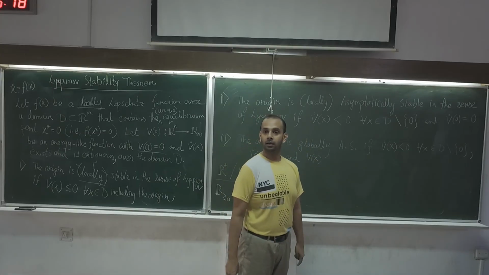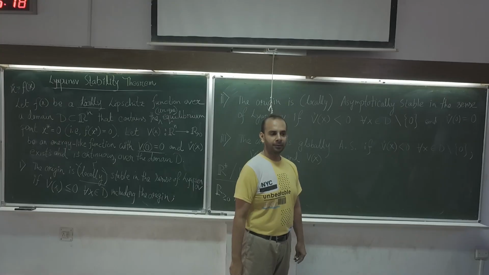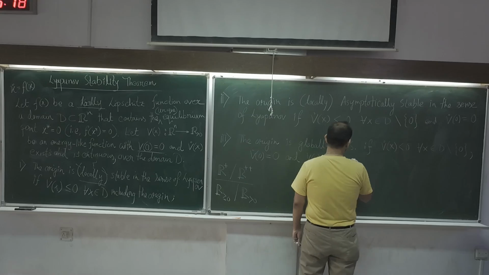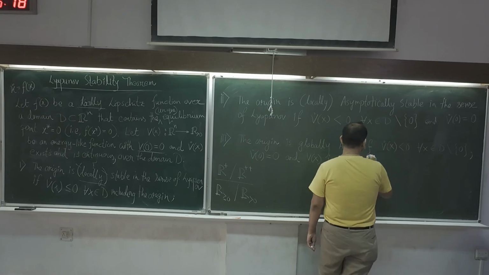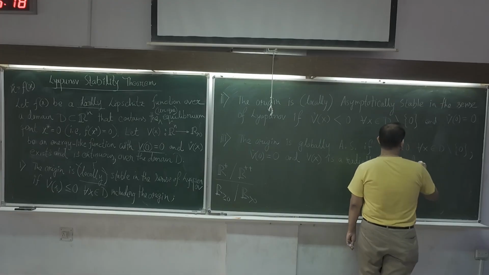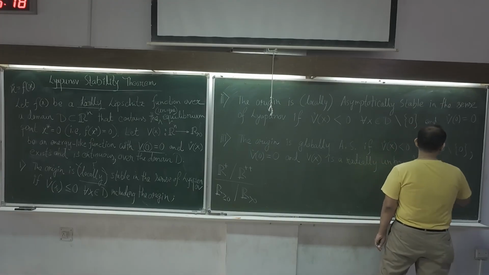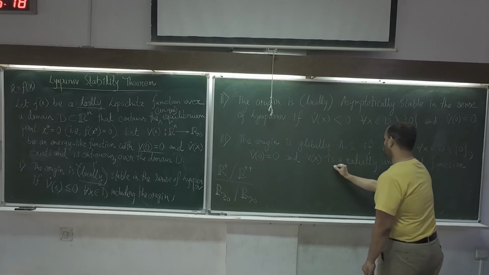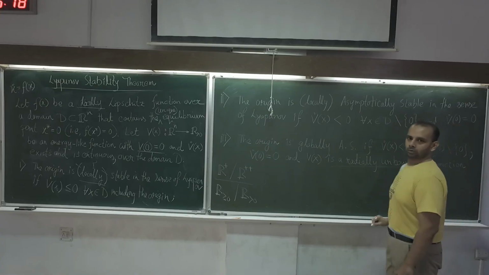Vx is a radially unbounded function. This part is new to you.